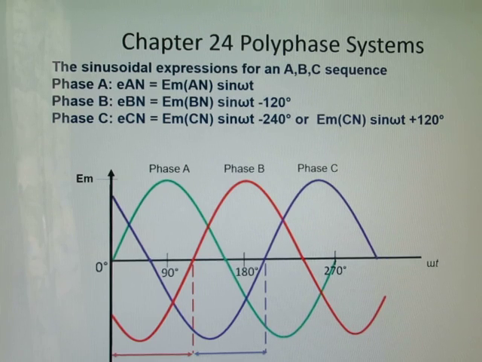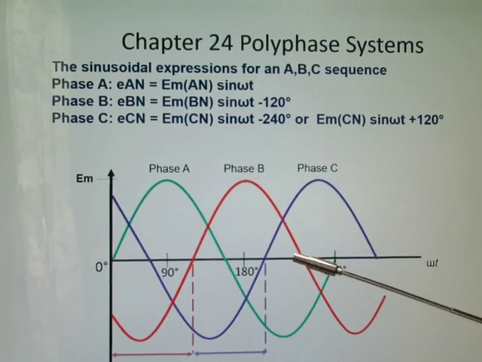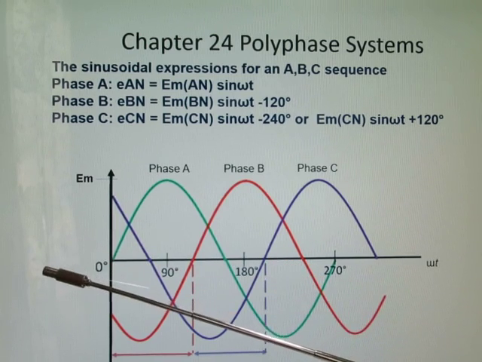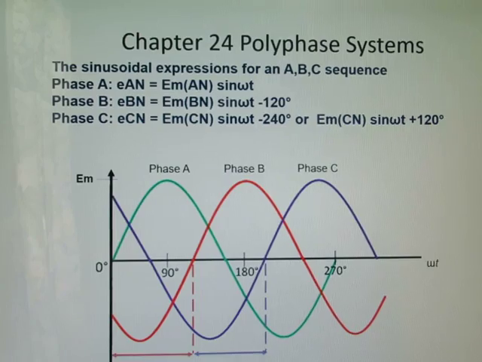Shifts to the right of the origin are negative, and to the left are positive. So for phase C, it would be either negative 240 degrees out of phase from the origin, or if we went on the left side of the origin, it would be positive 120 degrees.